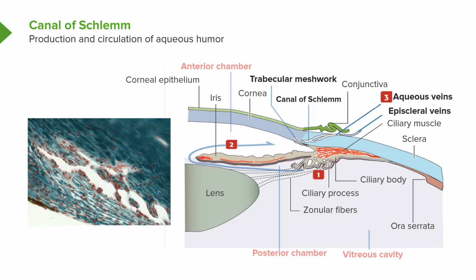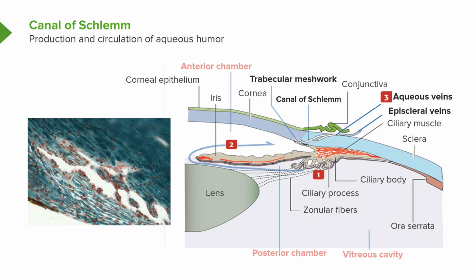That's constantly being produced, and it maintains a certain pressure in the anterior and posterior chamber of the eye. If for some reason there's a blockage in that canal or overproduction, then the pressure increases. And that's a condition that we call glaucoma. And it's quite a common eye disease that needs to be treated.